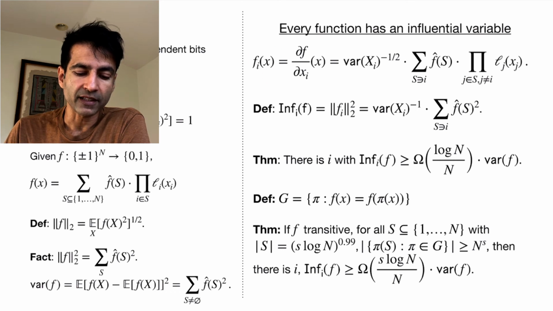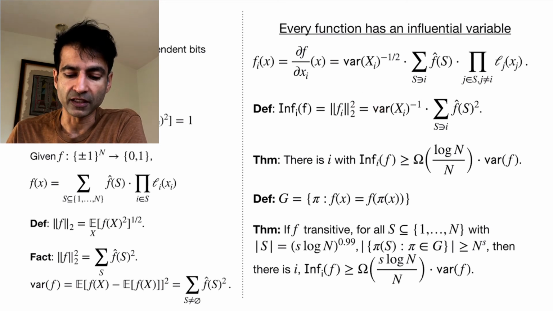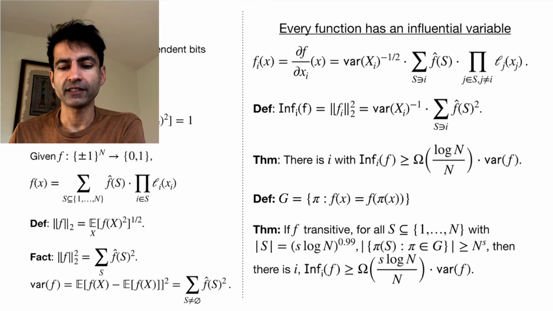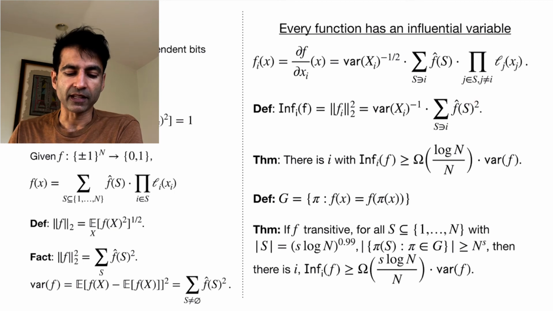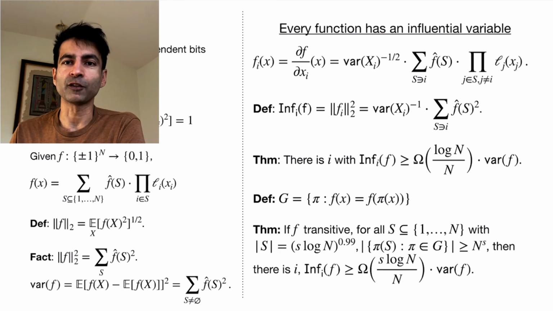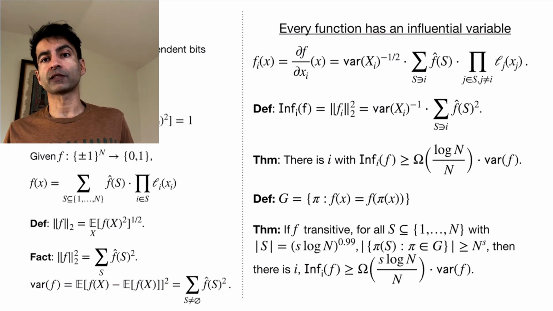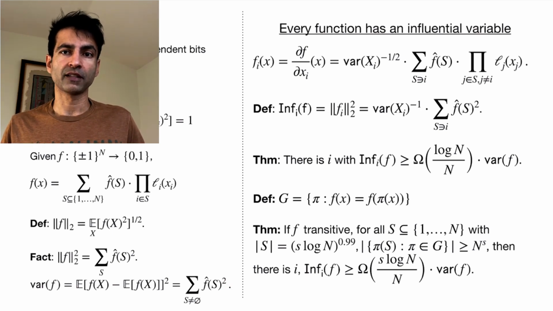Let's write fi of x to denote the ith partial derivative of f, okay, which is this expression based on how we expressed f here. The ith influence of f is the squared 2 norm of fi, okay, which is equal to this expression. Now it's easy to see just from this formula that the sum of the influences must be omega of the variance of f. And that means one of the influences must be at least 1 over n times the variance.